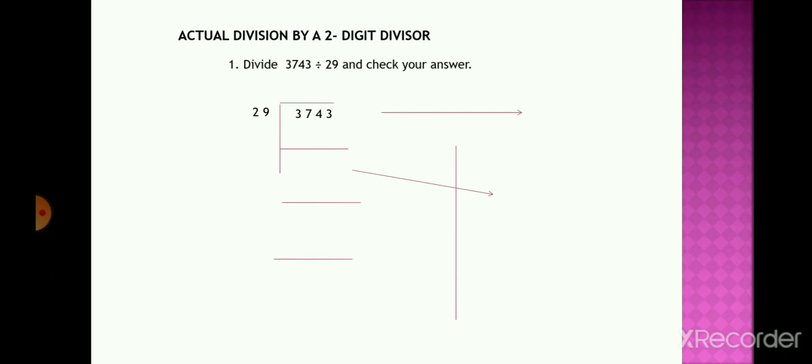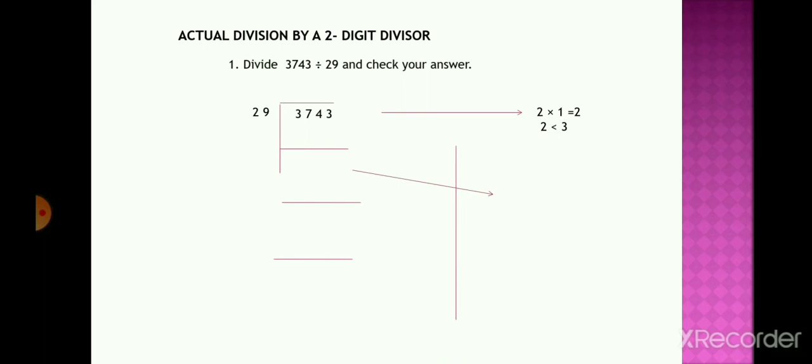So we need to cover or hide the ones place of the divisor and check with the first digit of the dividend. So when we check from the table of 2, we know that 2 ones are 2 and 2 is less than 3. So our estimated quotient is 1.